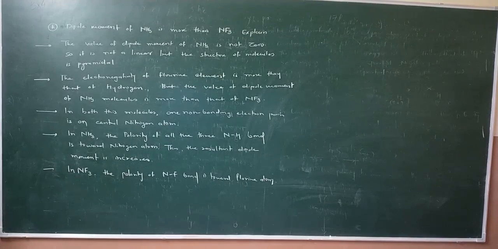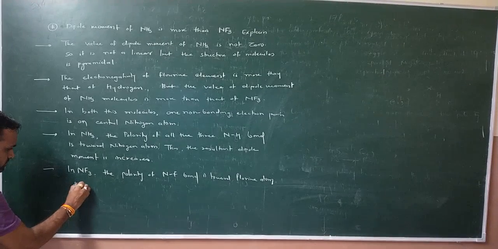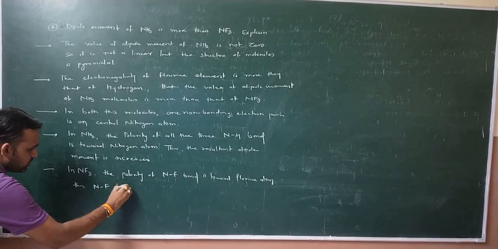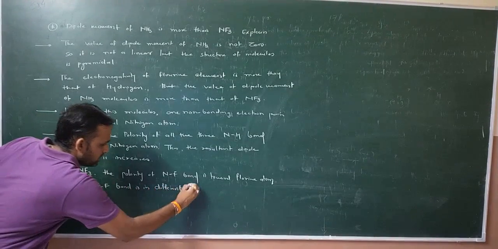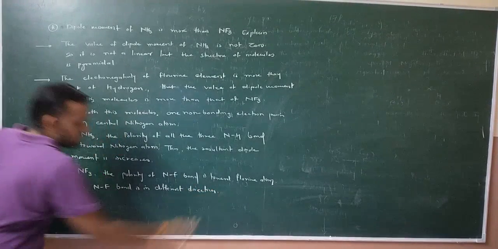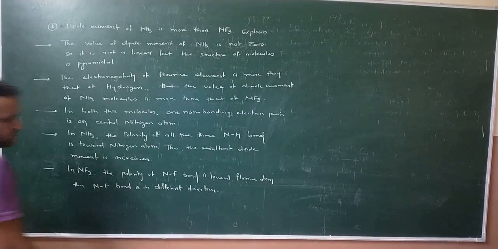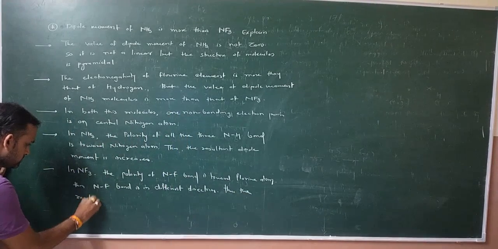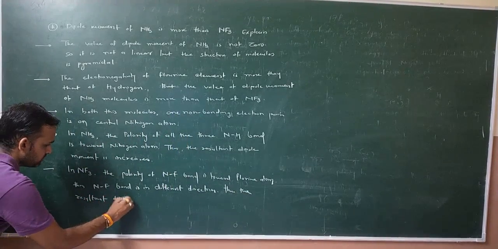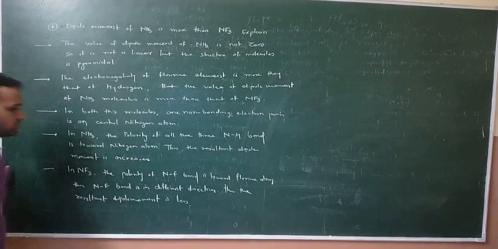Thus in NF3, the N-F bonds are in different directions, so the polarity is divided in three different directions. So the resultant dipole moment is less in NF3.